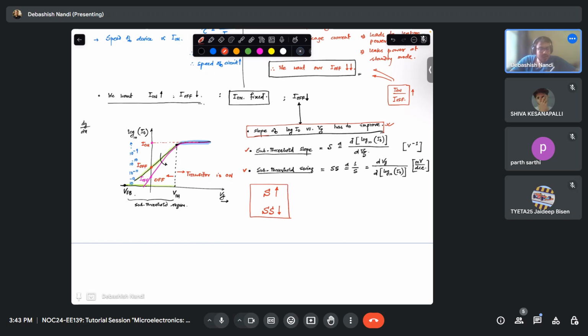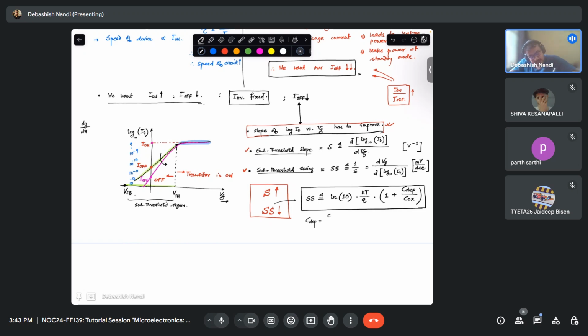Fine. Now I will just write one equation for your SS. If you derive your SS, it will come out to be natural logarithm of 10 times kT over q times 1 plus C depletion over C ox. What is your C depletion?